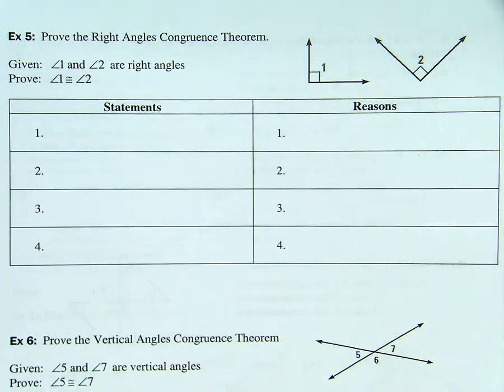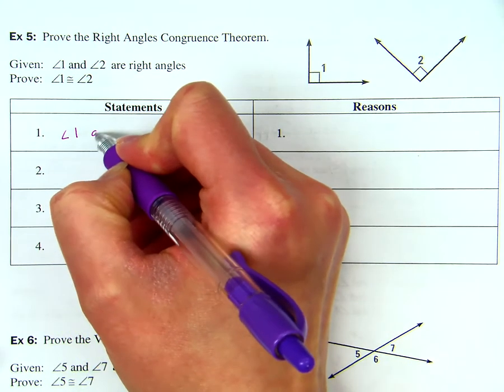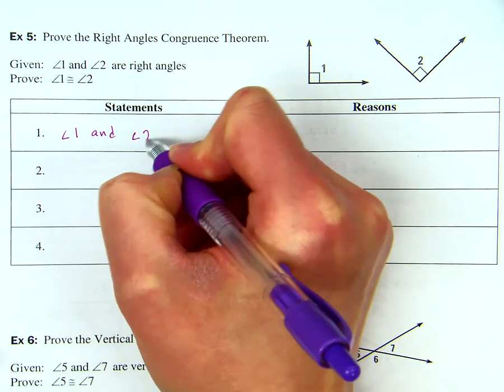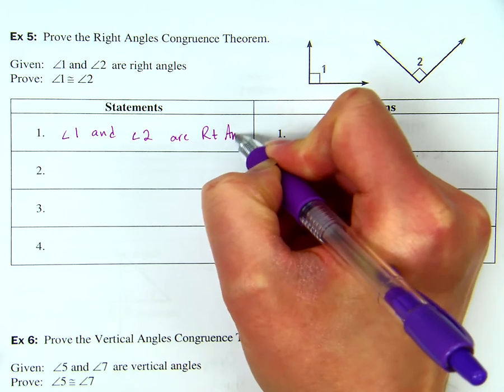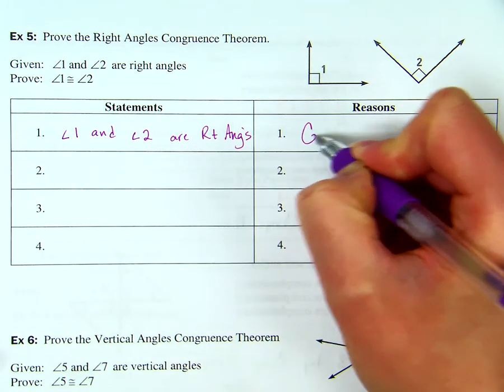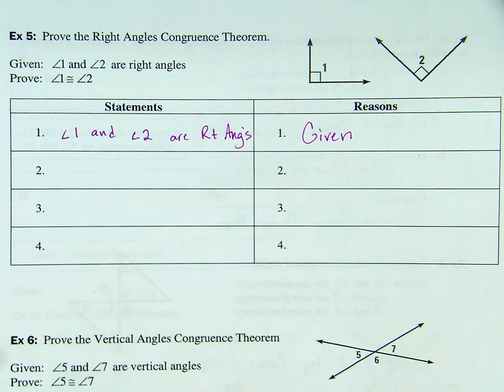Well, we start our proof just like we start any other proof. Let's start with the fact that those two angles are in fact right angles. Well, if we have right angles, what does that tell us? What conclusion can we make from this given statement?